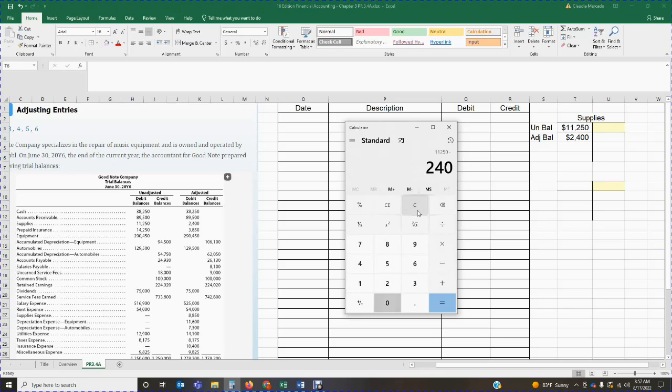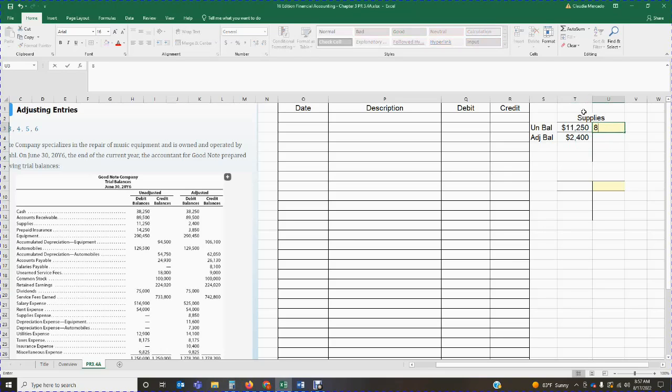I subtracted the 2,400 that I ended up with. So that means that I used up 8,850. Okay, this is your adjusting entry. This is the amount of the adjustment. Okay, so now we used supplies, so supplies would have to get credited for 8,850.